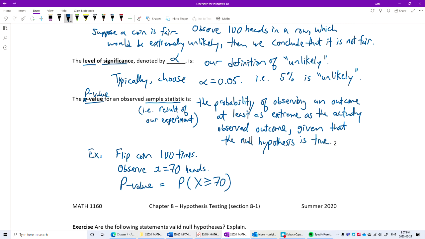So in other words, it's calculating the probability of getting that many heads or more, assuming that the coin is fair.